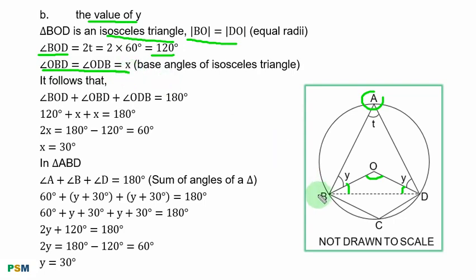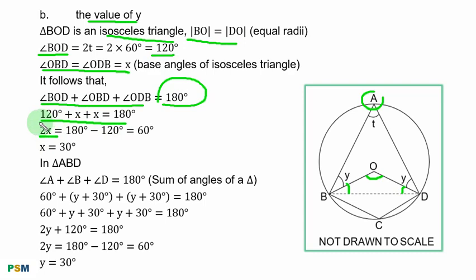Now, in triangle BOD, you add the three angles and the sum is equal to 180 degrees. You replace the angles with what they stand for. S plus S is 2S.